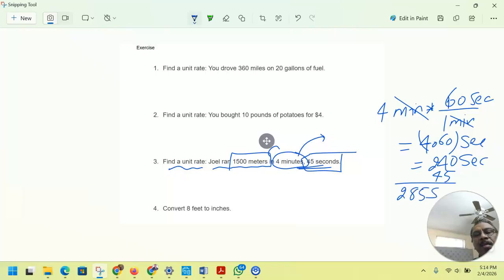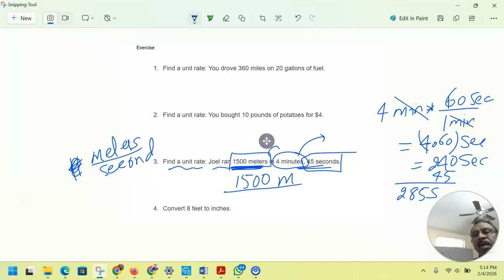So every second, how many meters does he run? The number of meters goes on top, and the seconds on the bottom. So meters is 1500 meters, and 285 seconds.